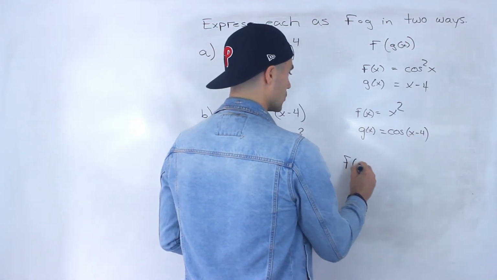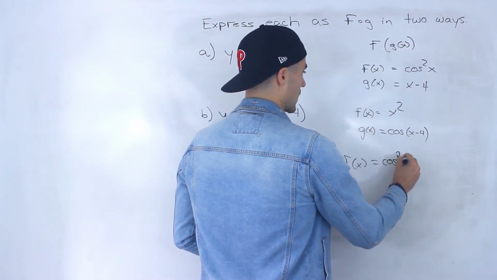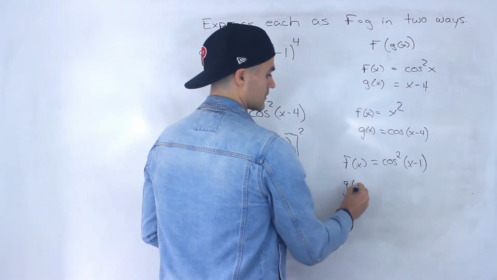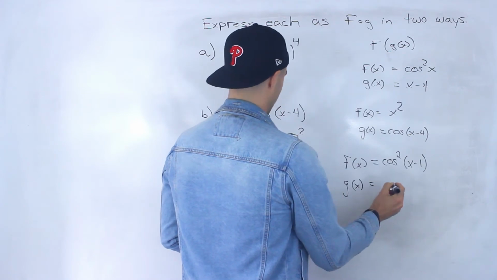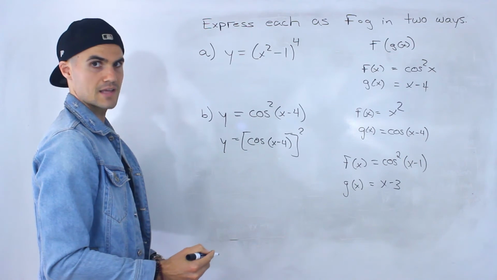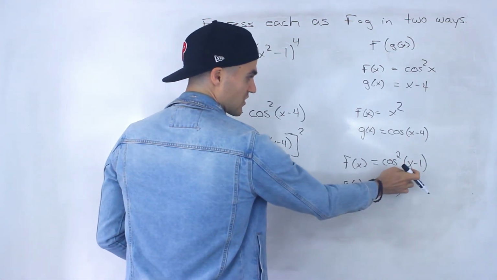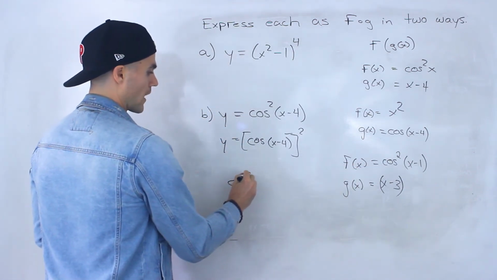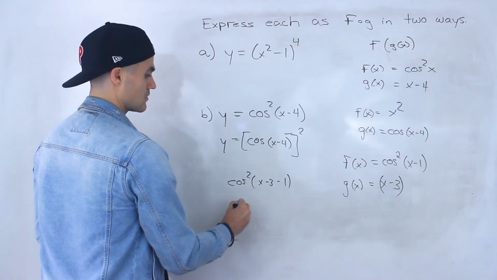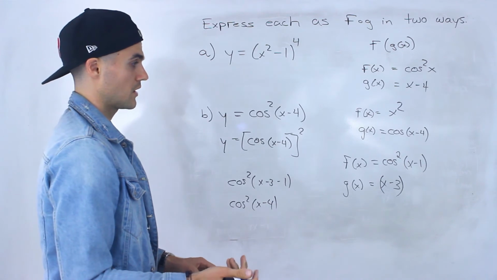Another thing you can do is play around with this minus 4. So let's say the outer function is cos squared x minus 1. Then g of x would have to be x minus 3. Does that make sense? Because we would plug in this expression x minus 3 for this x value. So we'd have cos squared of x minus 3 minus 1, and that would simplify to x minus 4. So that's another possibility.